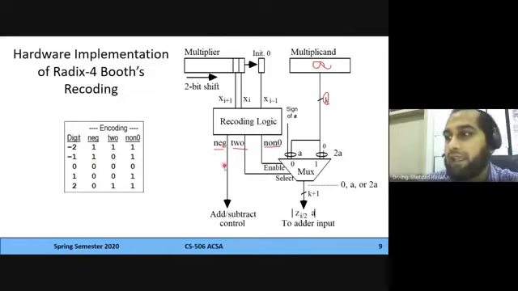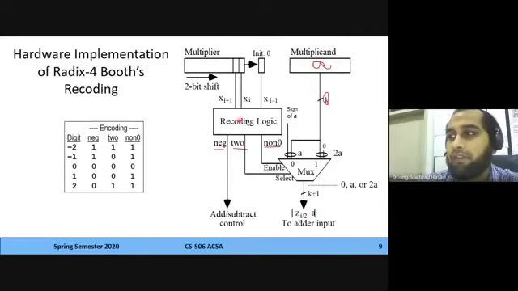So the negate input should be 1, because you want to negate it in the adder, you want to subtract it. You want a subtract operation for this input, and you don't need to shift it. This is a non-zero value, which means the multiplexer is going to provide something.